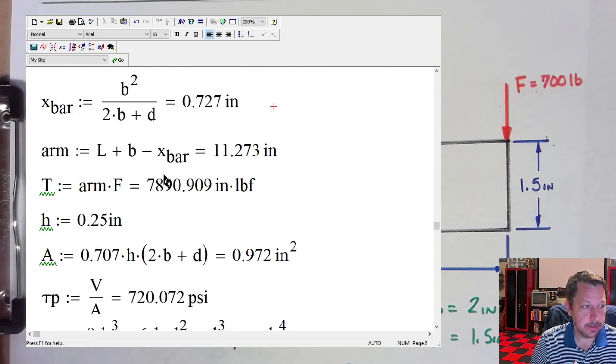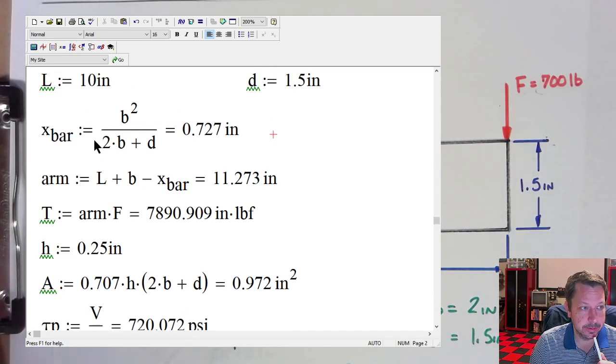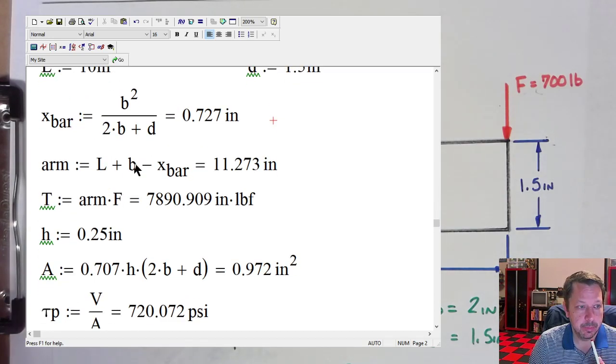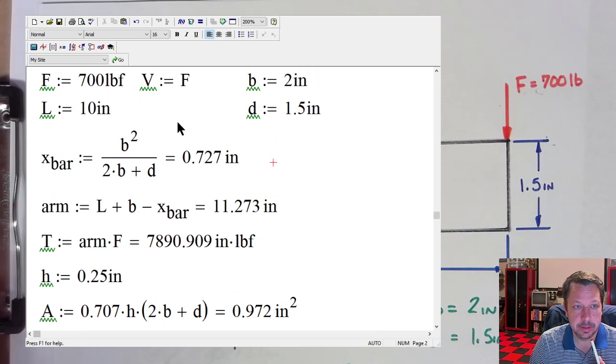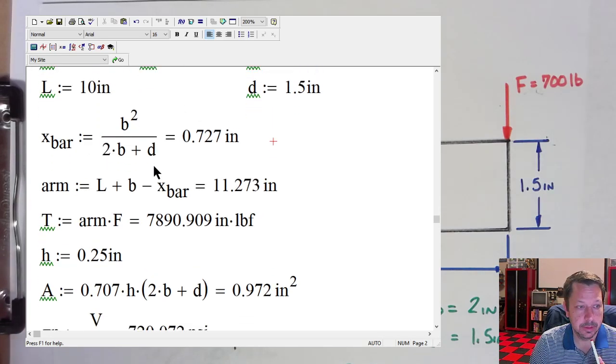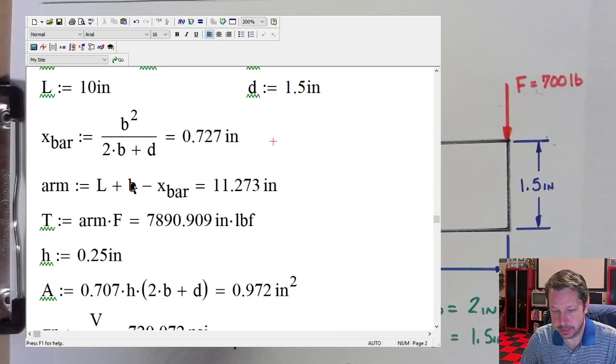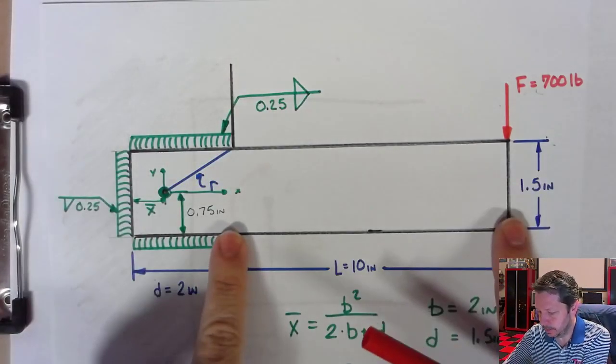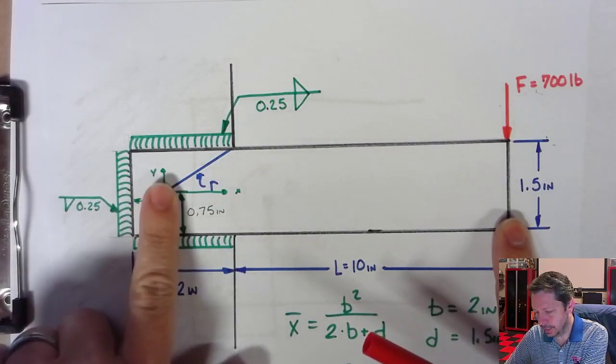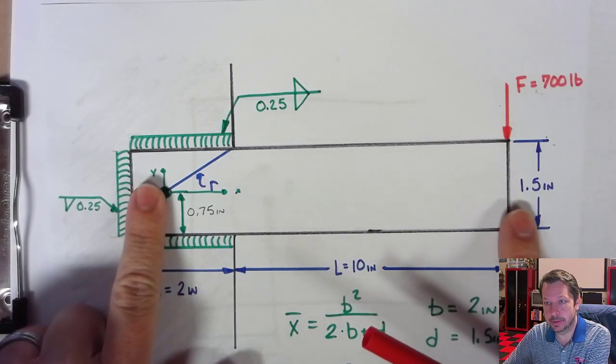This variable called arm is the moment arm. That's the distance from the point load, the original 700 pounds, to the centroid of our weld group. So L is the 10 inches, b is 2 inches, minus x bar. That gives us 10 plus 2 minus x bar, this moment arm, which is what I want.